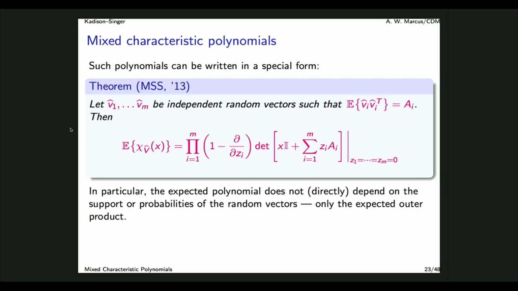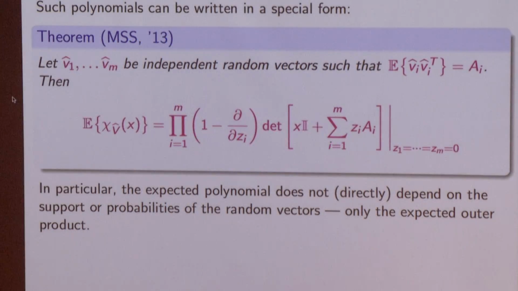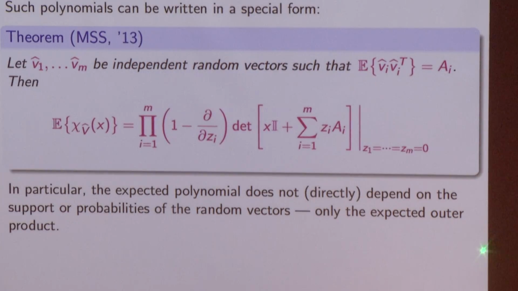And it turns out that polynomials of this type can be written in a special form. So if v1 through vn are independent random vectors where the expected outer product is ai, then we can write the expected characteristic polynomial as taking the determinant of the sum of these matrices with some variables, applying this 1 minus partial derivative operator in all of the variables, and then setting all of the variables equal to 0.